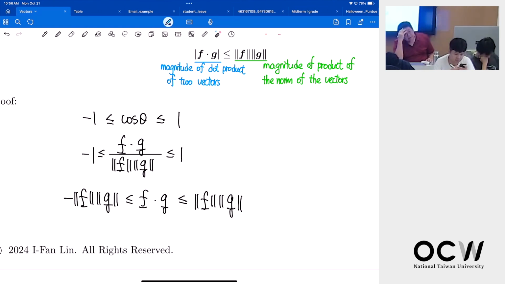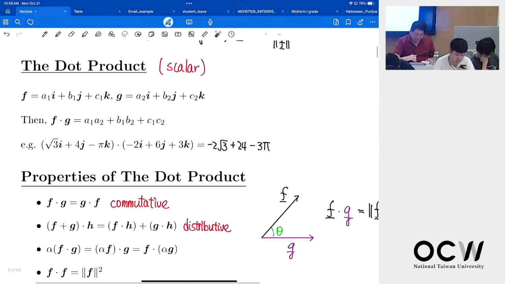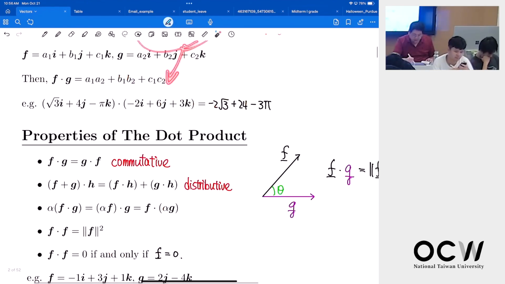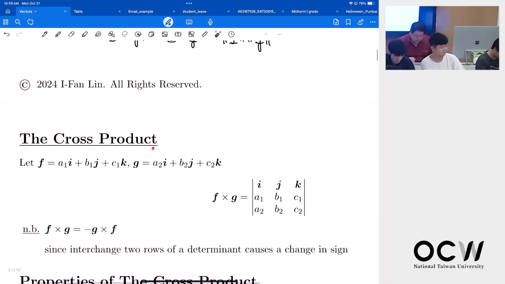Next, we are going to talk about the cross product. After you have a dot product, you get a scalar. For the cross product, you will still get a vector.